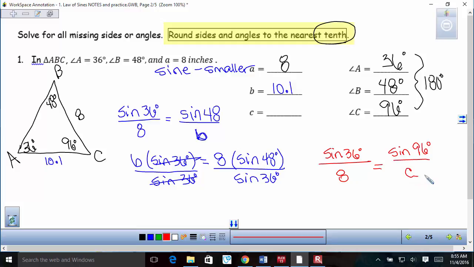Solve for C. If you write that much, you can do the rest in your calculator, that's fine. Because you probably know from looking at that it's going to be 8 sine 96 divided by sine 36. Let's see. 8 sine 96 divided by sine 36.